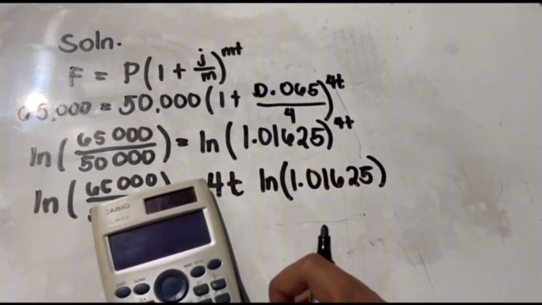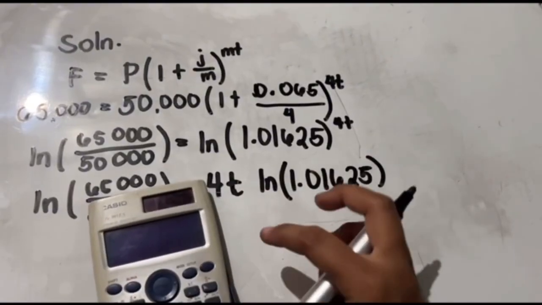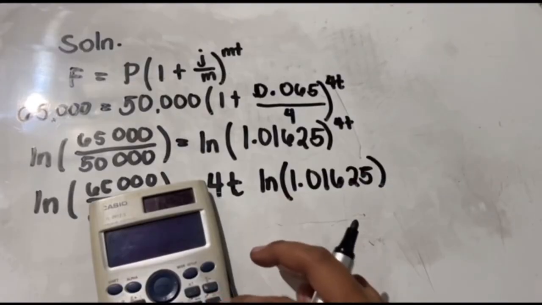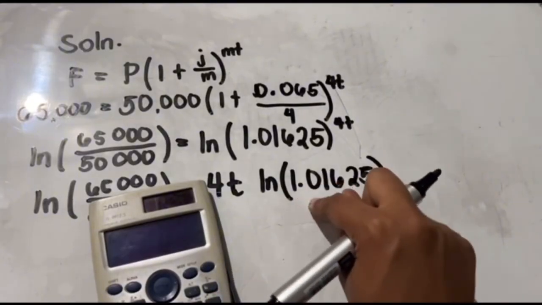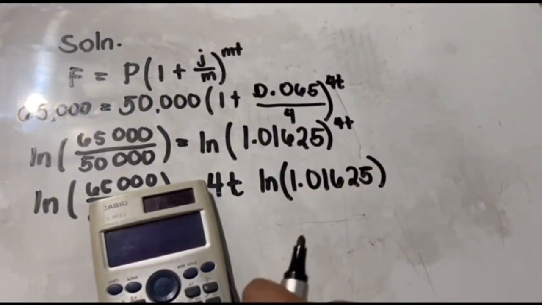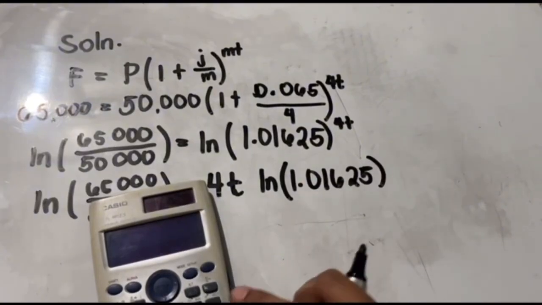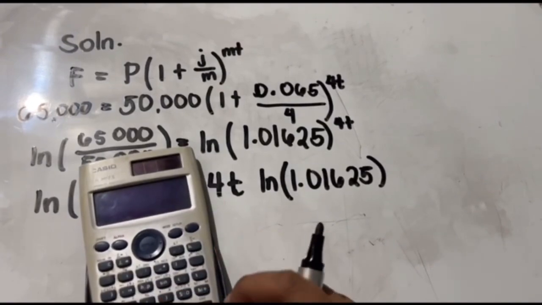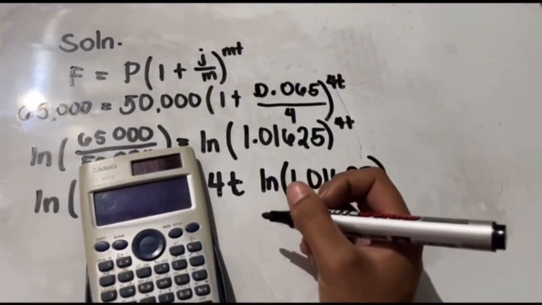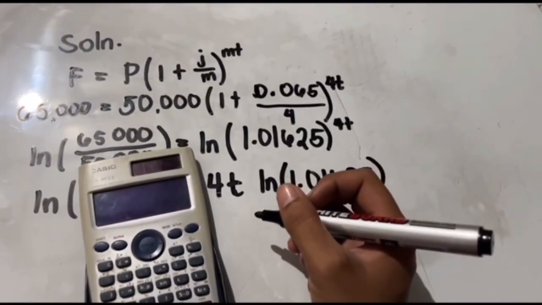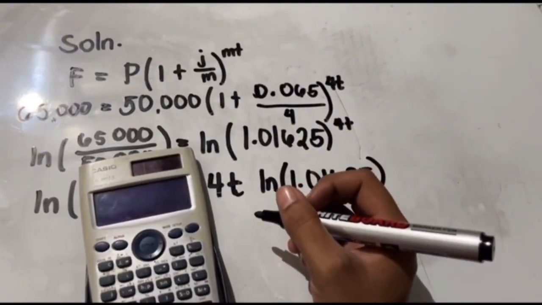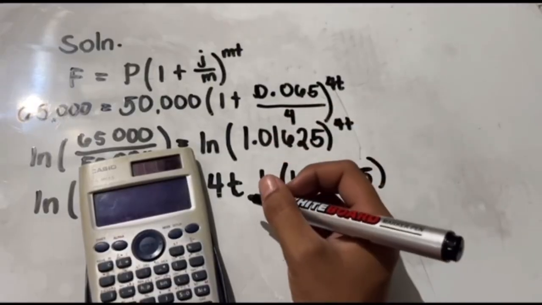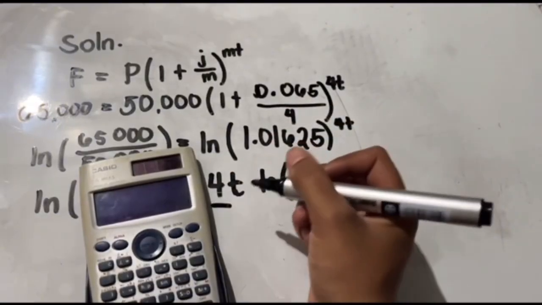So divide the answer by, first press the ln or logarithm, plug in 1.01625, then equals. The result is 16.2763229. So we will divide it by this to get the time.